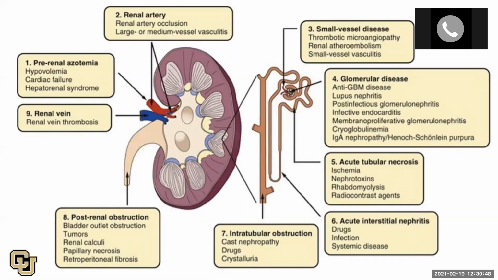Okay, so I really love this image, which helps me put all the different AKI conditions in perspective. As you can see, acute tubular necrosis and acute interstitial nephritis are both conditions of the tubule and not the glomerulus. So when you're thinking about AKI, just think about what diseases are located in the glomerulus and what's going to cause spilling of blood.